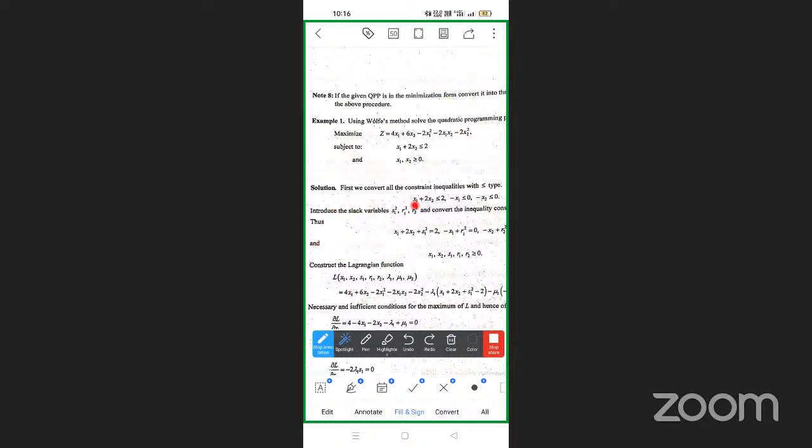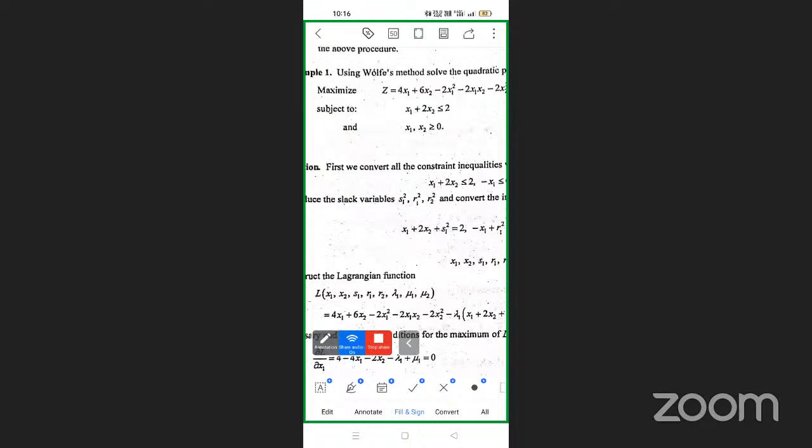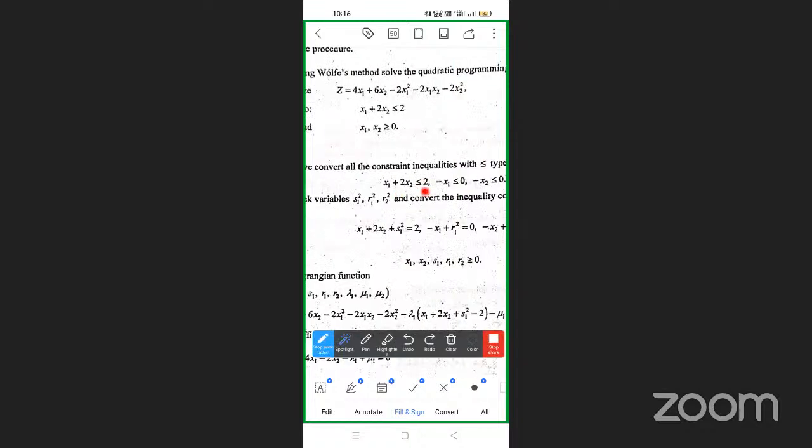For the first equation, x1 plus 2x2 less than or equal to 2. The non-negative ones are greater than or equal to, so we can multiply both sides by negative. That is minus x1 less than or equal to 0, and next, the second one, minus x2 less than or equal to 0. So there are a total of 3 equations. This is the first one.